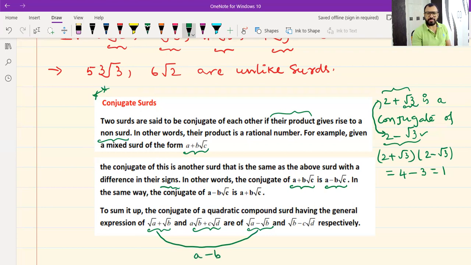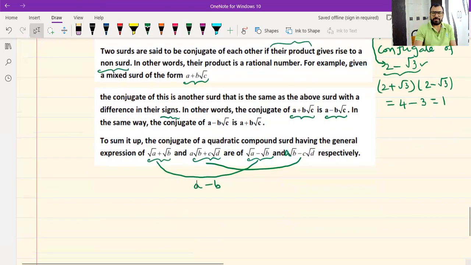And the conjugate of a plus b root c plus d is a root b minus c root d. So the conjugate means it differs in sign and the product must be a rational.